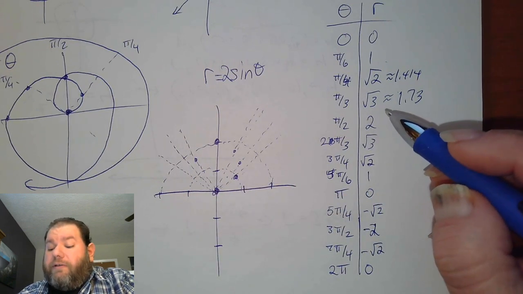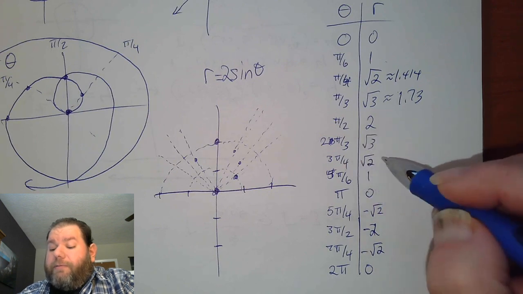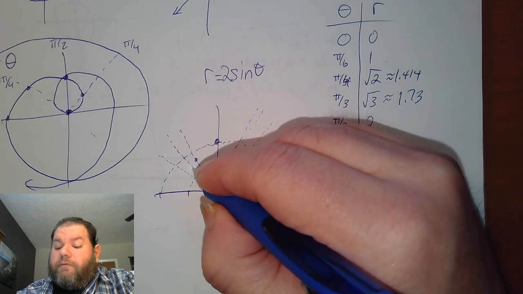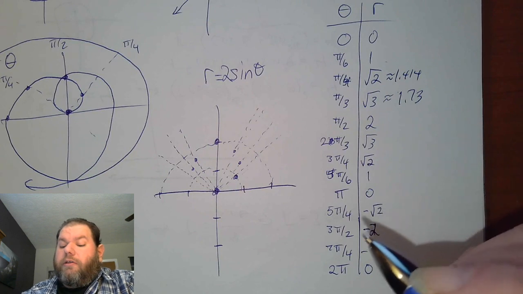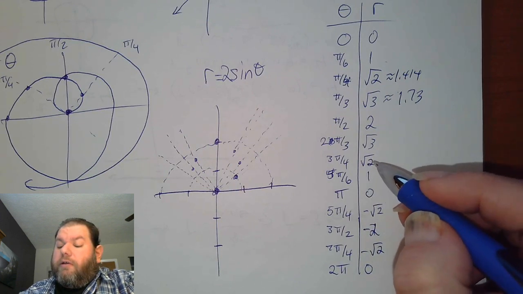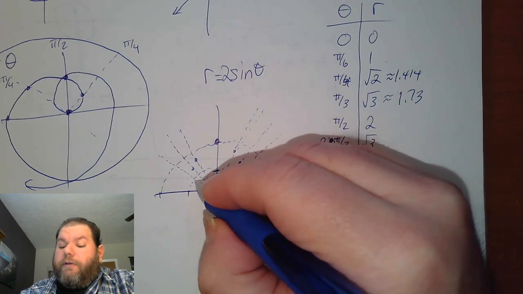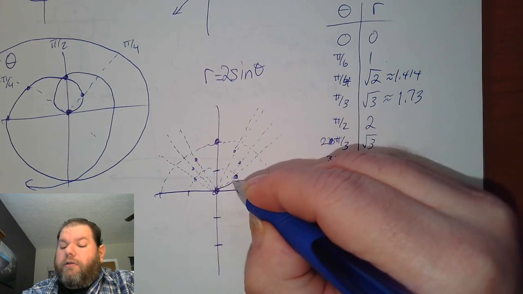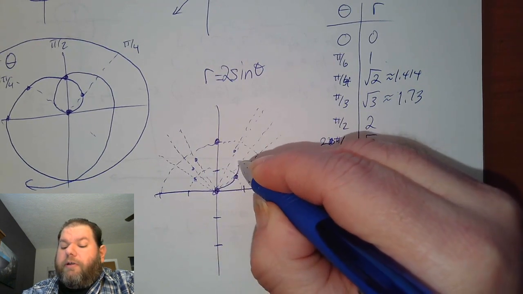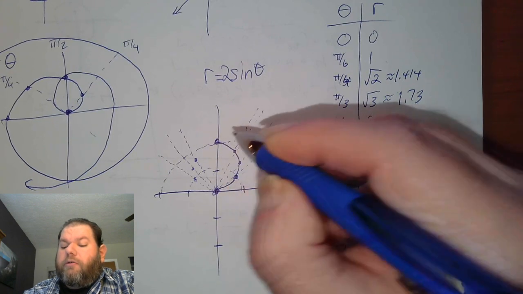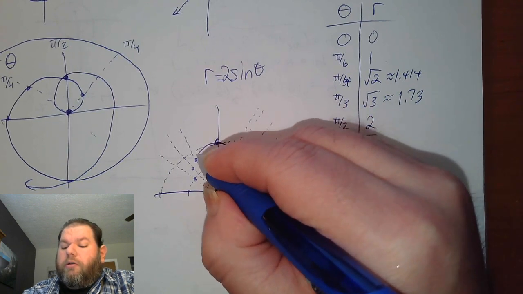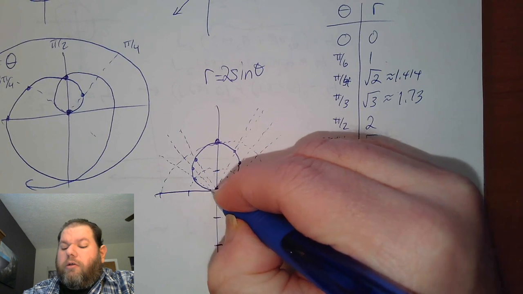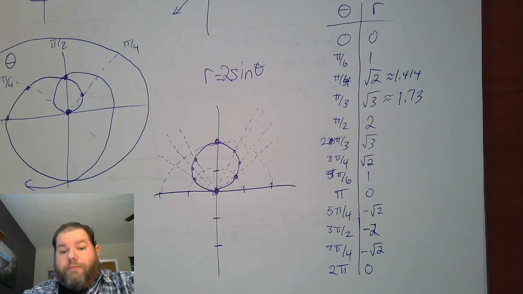Sorry about that. 3 pi over 4, we have root 2. And then at 5 pi over 6, we have a value of 1. And then we get back to 0. So we draw in what's happening there. And what do you know? We've drawn a circle.